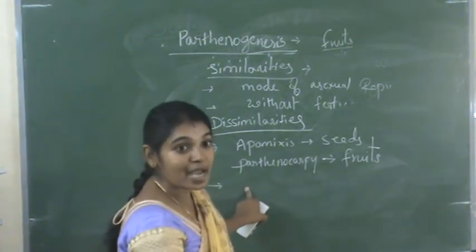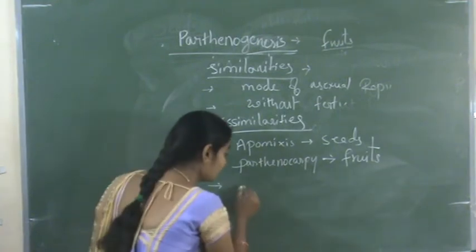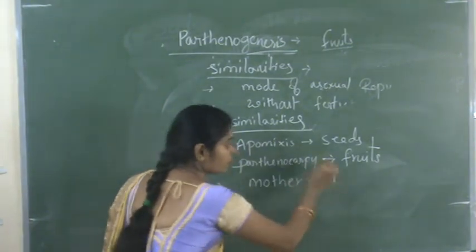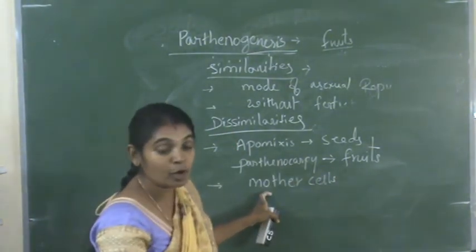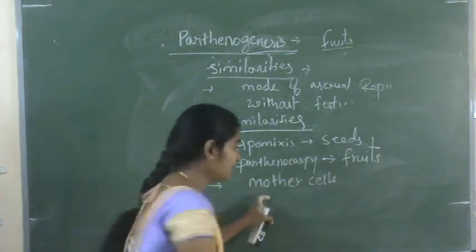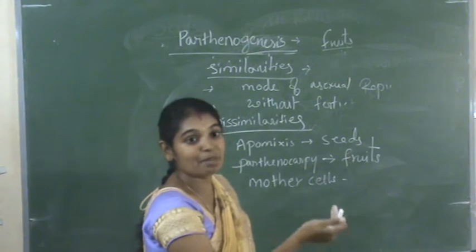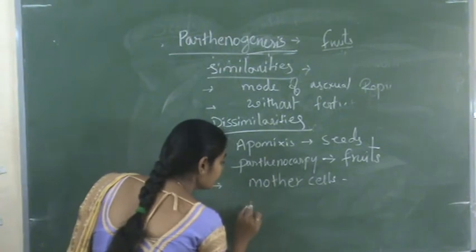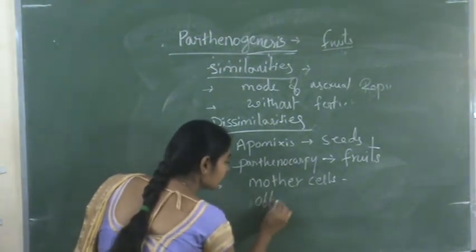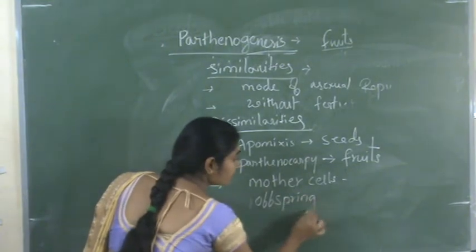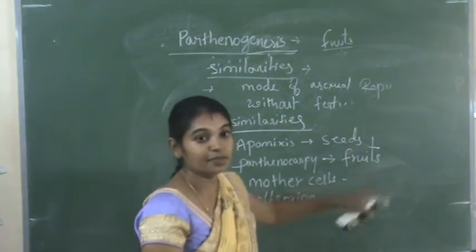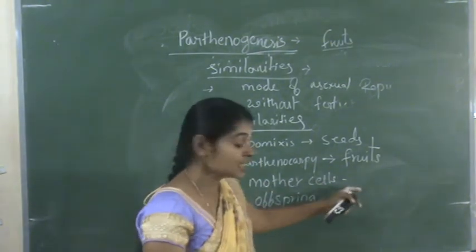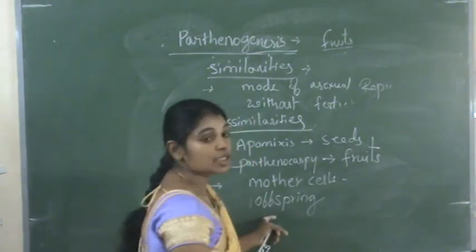Another dissimilarity is that apomixis results in the formation of mother cells, like seeds, by which the plant is produced, and parthenocarpy is the production of offspring. It is the final result, that is the fruit. So apomixis produces the mother cells and parthenocarpy produces offspring.